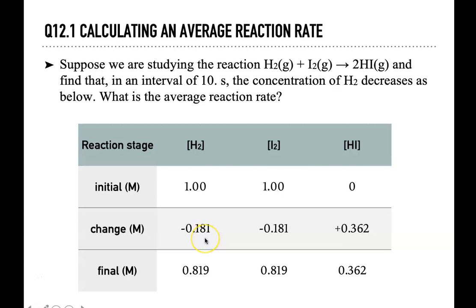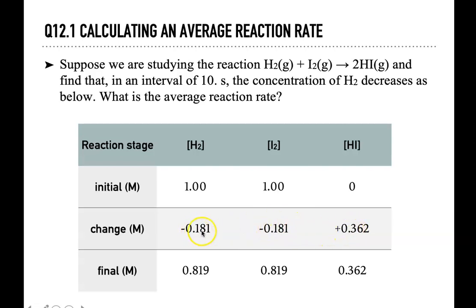Now, after a time duration of 10 seconds, hydrogen and iodine decreased by 0.181 molarity, and hydrogen iodide produced 0.362 because the stoichiometry tells us it is a 1 to 2 ratio. It says 1 mole decreased, 2 moles produced.